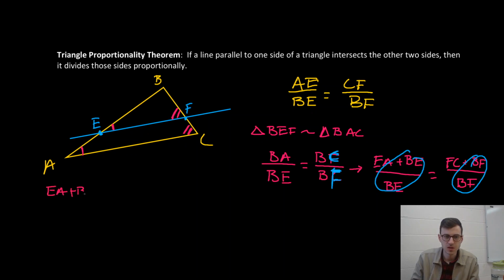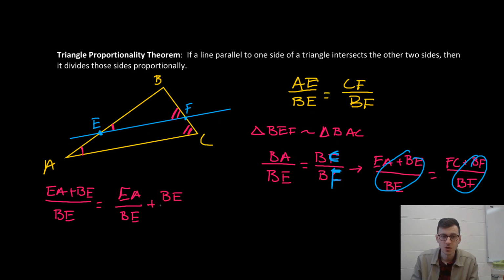EA plus BE over BE equals EA over BE, and I should be using AE here, that's fine, plus BE over BE. Right? Okay, and so then I could do the same thing to this side. And it yields at the end EA over BE.